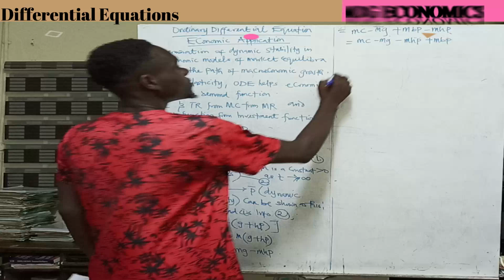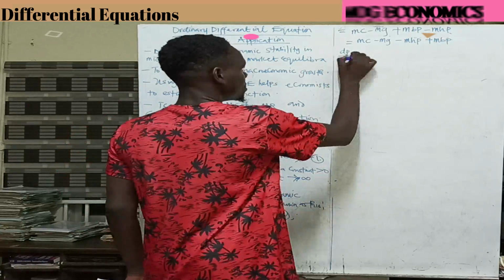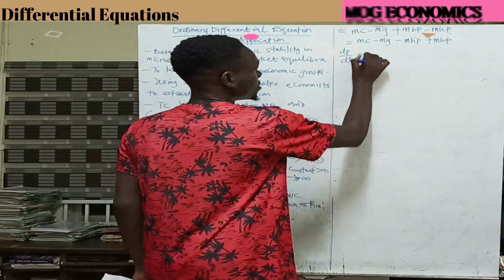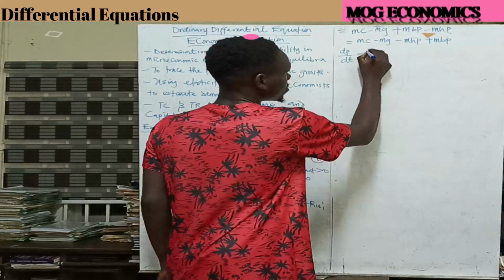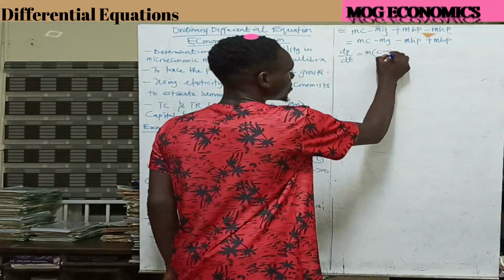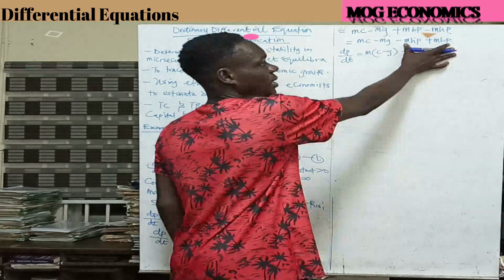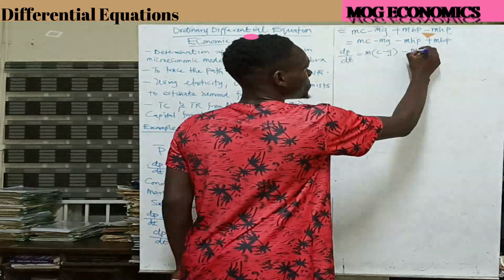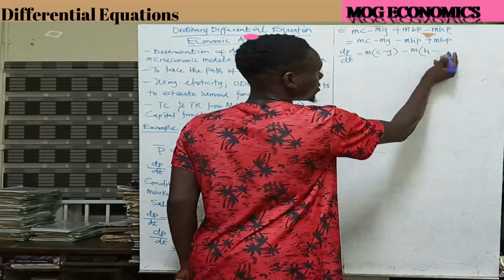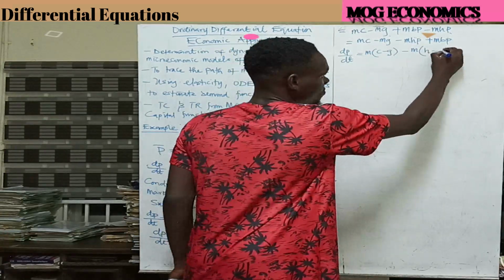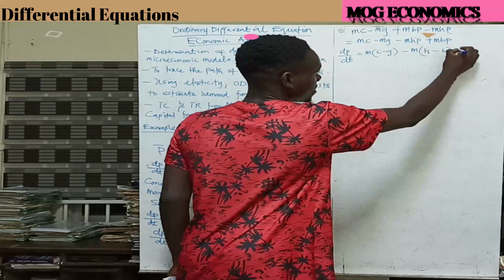So here we have our dP/dt equal to, here M is common to these two, so we have, and here MP is common. So this changes sign, this changes sign, then we have P, then we have P here.